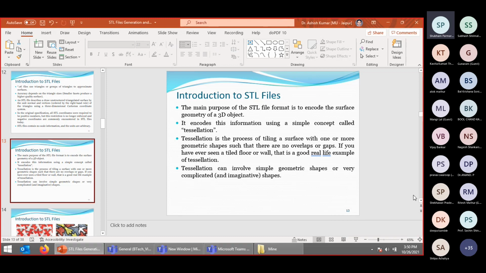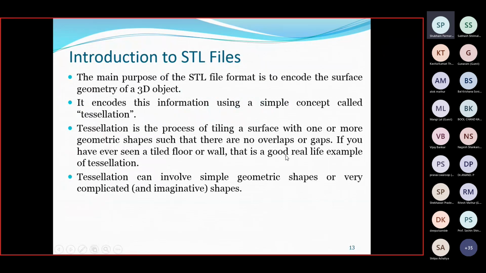Remember what we are going to do. We are going to generate the 3D object surface in triangle form, using lots of different small triangles. Then those triangles will be fitted.